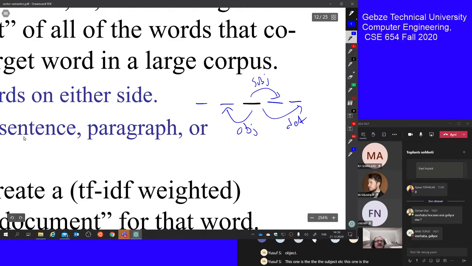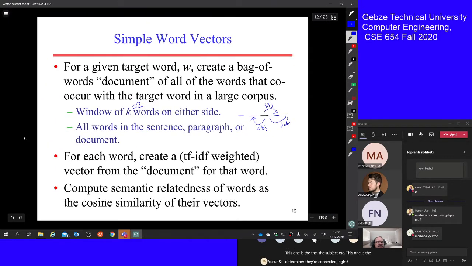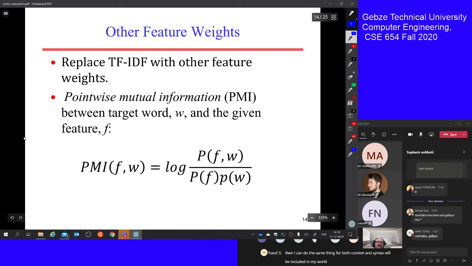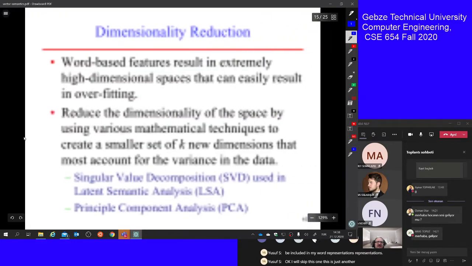They are connected, right? So I know these relations. If I know these relations, I can do syntax-dependent context features. With labeled dependency parses, I can do the same thing. So both context and syntax will be included in my word representations. I will skip this one. This is just another feature weighting approach.